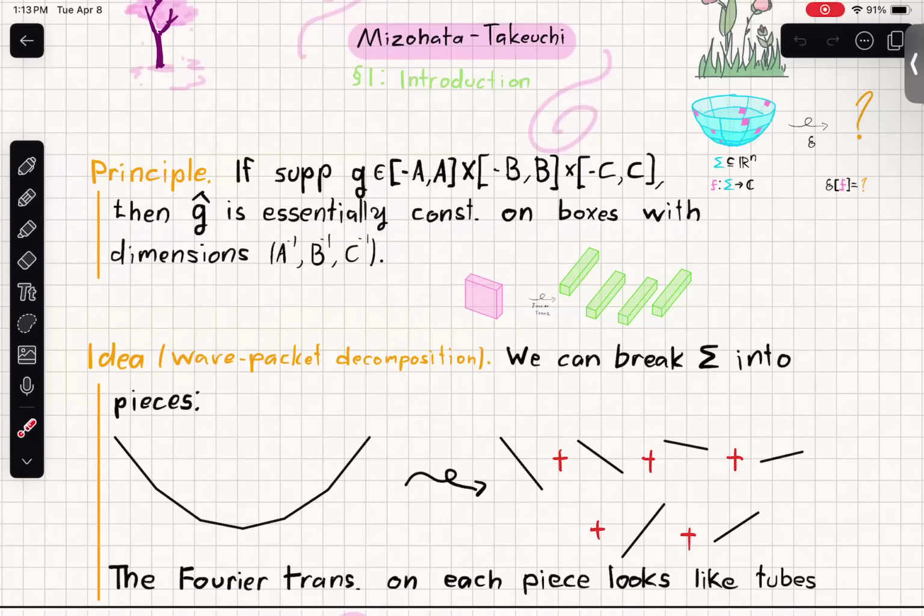So you can imagine that we're going to get all of these different tubes meeting each other at different angles, and each one comes with different oscillations, and figuring out how to bound things like that can get very hard very quickly. So this is the idea of the wave packet decomposition. If you got lost somewhere along here, you can come back.